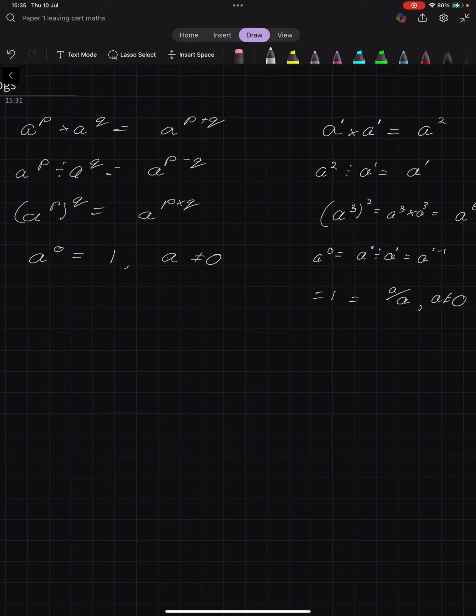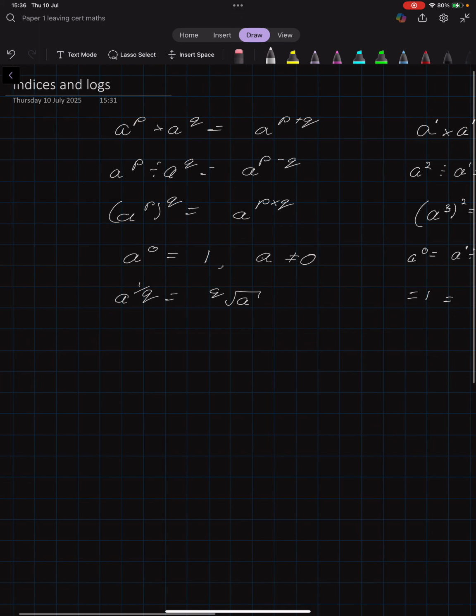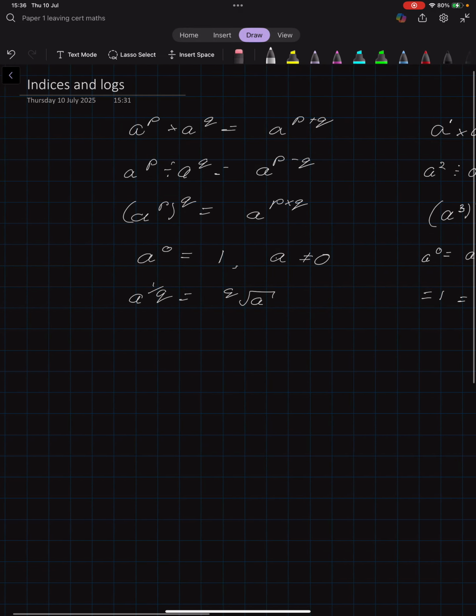So hopefully that's all okay. The next law then is a to the power of 1 over q is the q-th root of a. I'll do an example in a second.